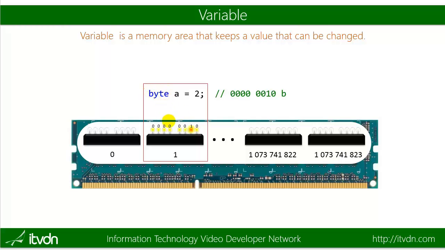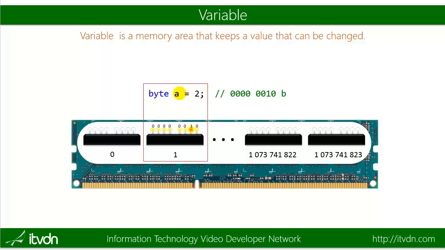Remember, a byte is 8 bits, and the value of a byte can be from 0 to 255. So here 2 is less than 255, so we can assign 2 to a byte typed variable.